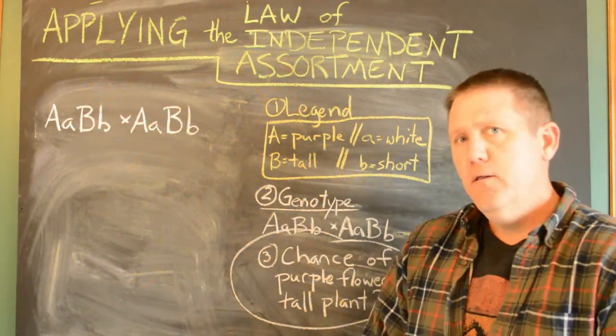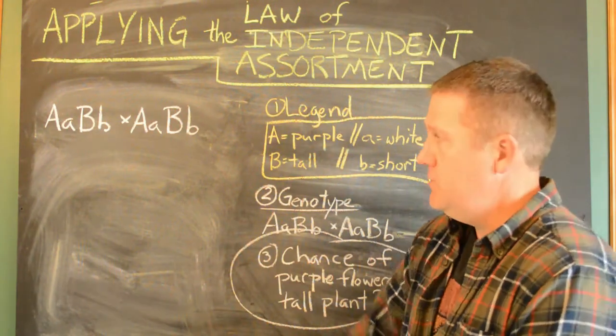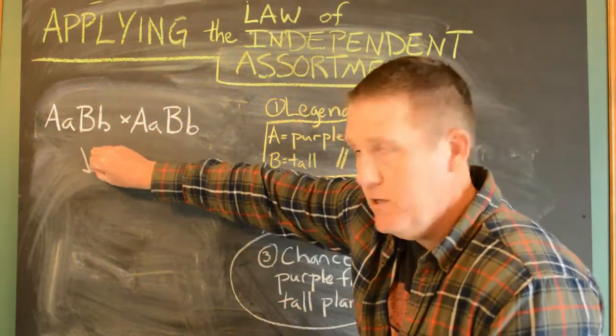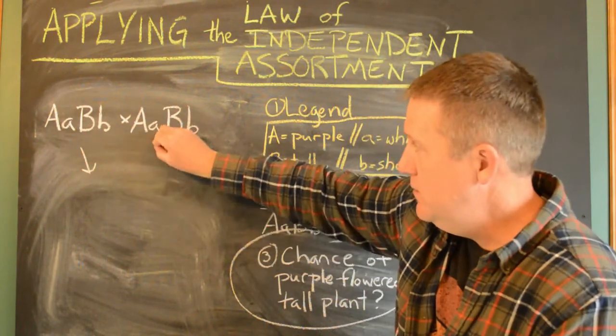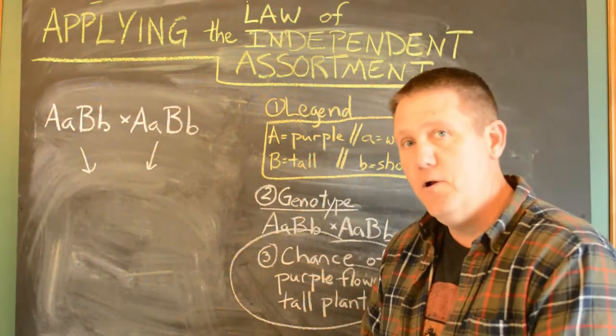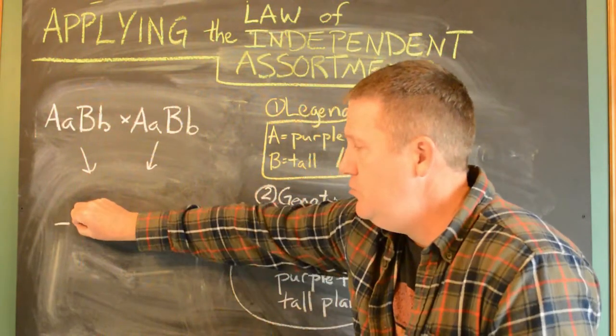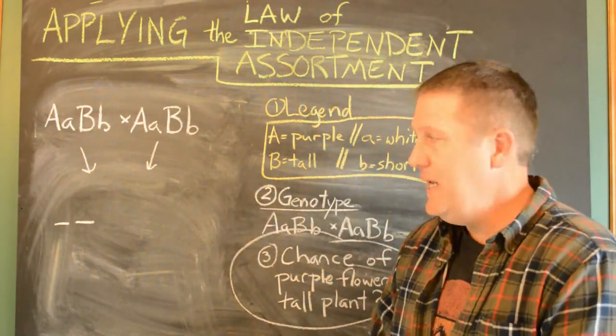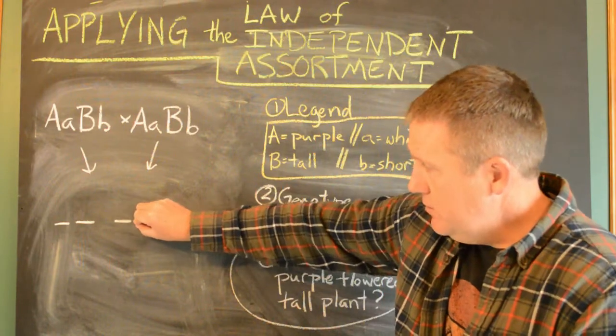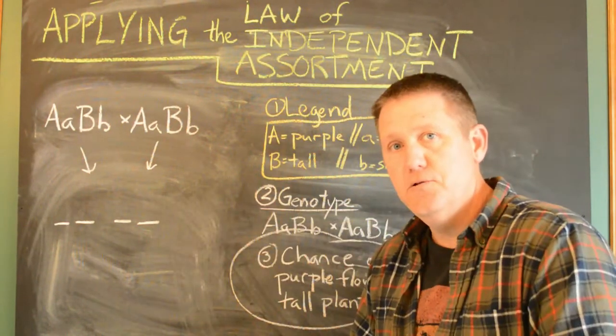So I've written up the genotypes of both parents here. This parent's going to pass on an A and a B gene, and this one's going to pass on 1 of each as well. The offspring better have 2 A alleles and 2 B alleles, right?